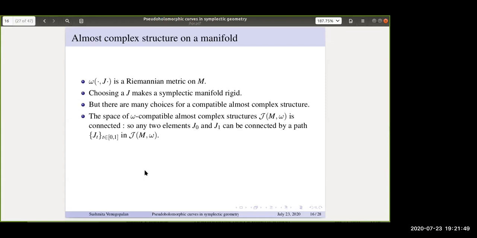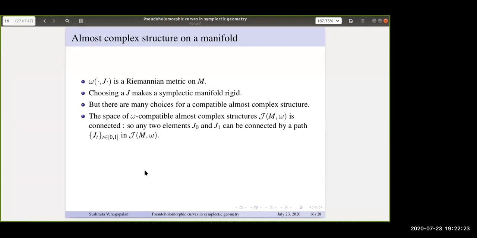So if you choose two different ways of making this manifold rigid by choosing two different almost complex structures, J0 and J1, then since the space is connected, you can always connect J0 and J1 by a path of compatible almost complex structures. Which means that what's going on in the manifold with J0 can be maybe smoothly deformed to the manifold with J1.